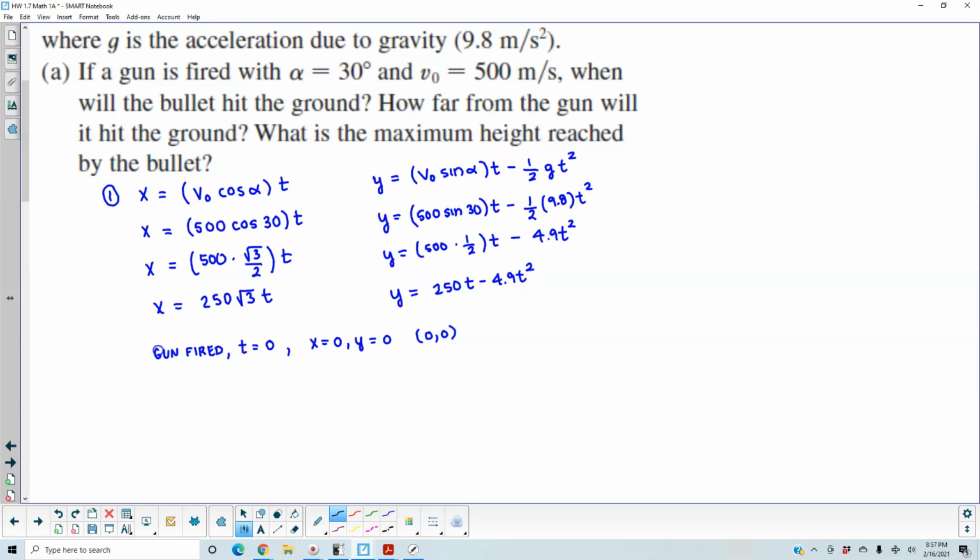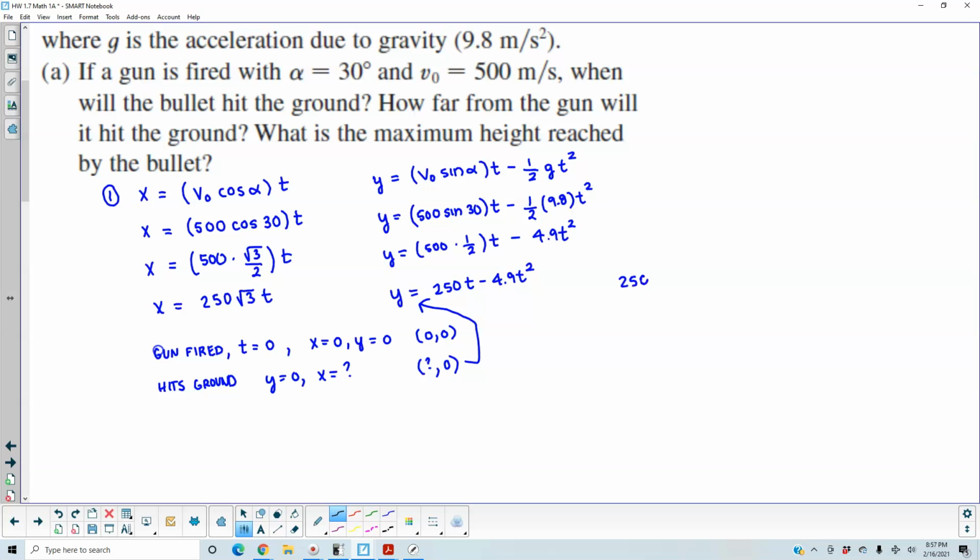Okay, and then when it hits the ground, we know that y is going to equal 0, but we need to figure out what x is. We don't know what the value of x is, but we know that the value of y is 0. So if y is 0, then we can plug it into y and solve for t.